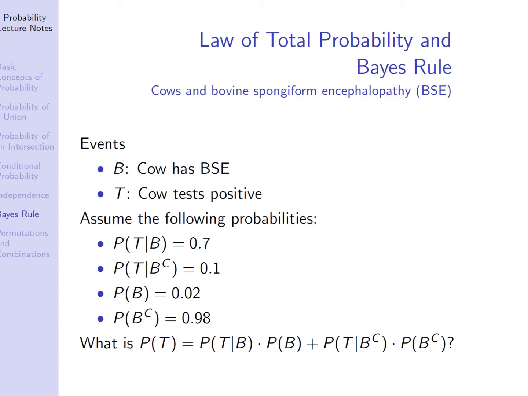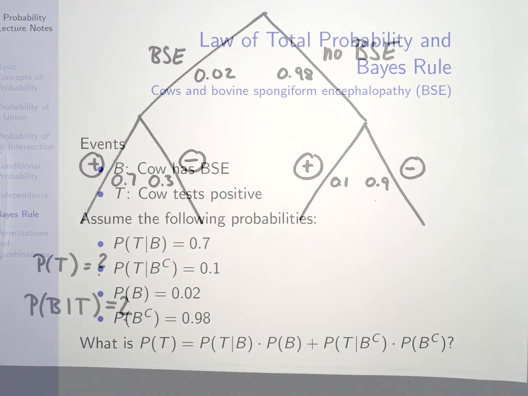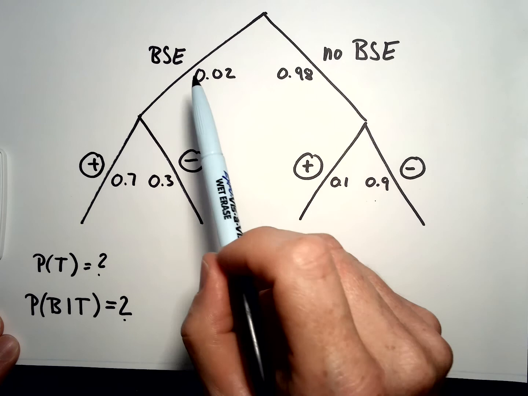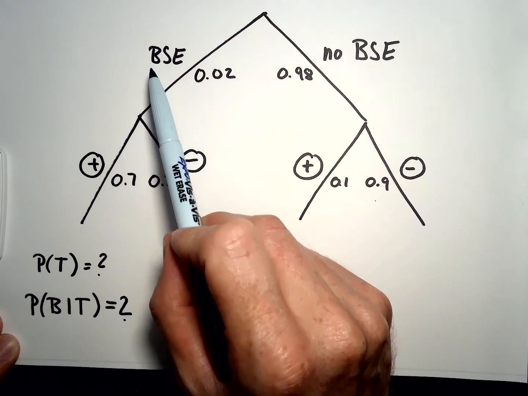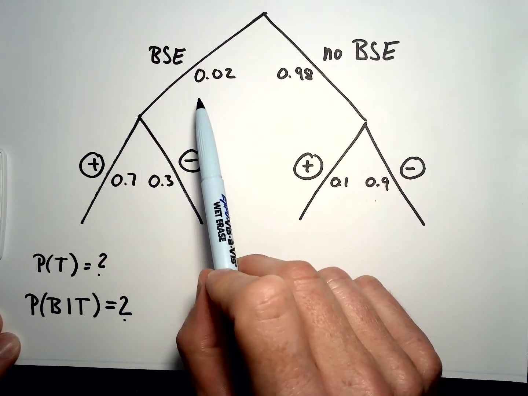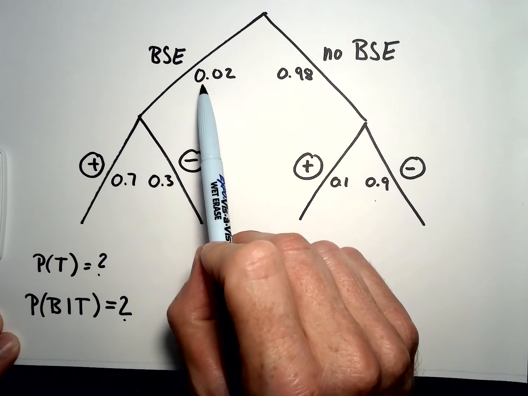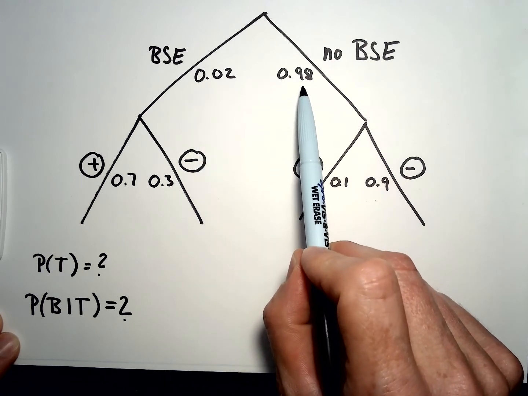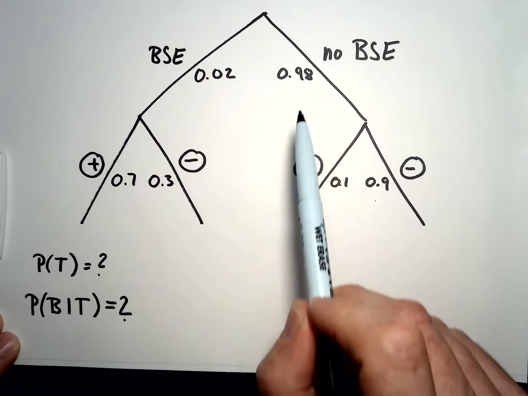Now, here we have the problem as follows. Let us illustrate the concept with mad cow disease. BSE is mad cow disease, so that a cow actually has BSE, there's a 2% chance, and there is a 98% chance that the cow does not have mad cow disease.